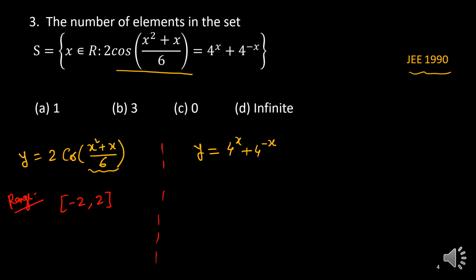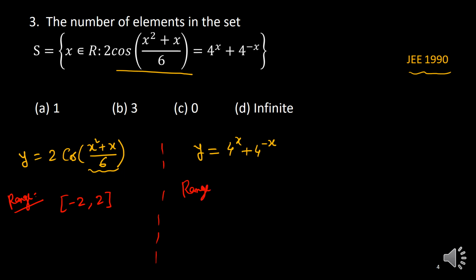Because this value goes towards infinity, with infinite values, sometimes the cosine will be 1, sometimes minus 1, so y could be plus 2 or minus 2, or in between.